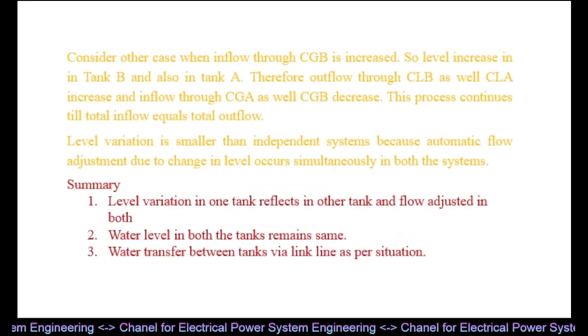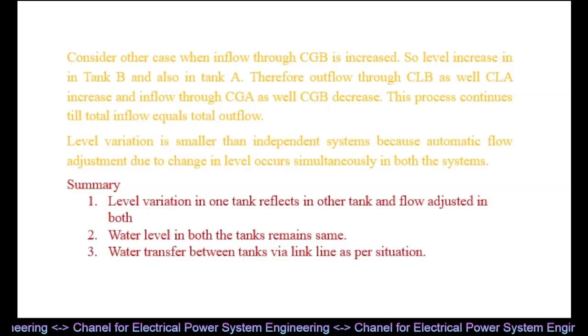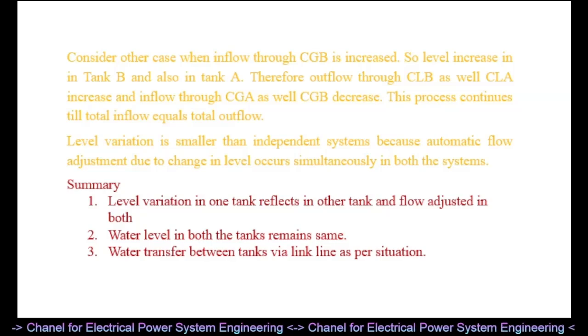Consider the other case, when inflow through CGB is increased. So level increases in tank B and also in tank A. Therefore outflow through CLB as well as CLA increases and inflow through CGA as well as CGB decreases. This process continues till total inflow equals total outflow.